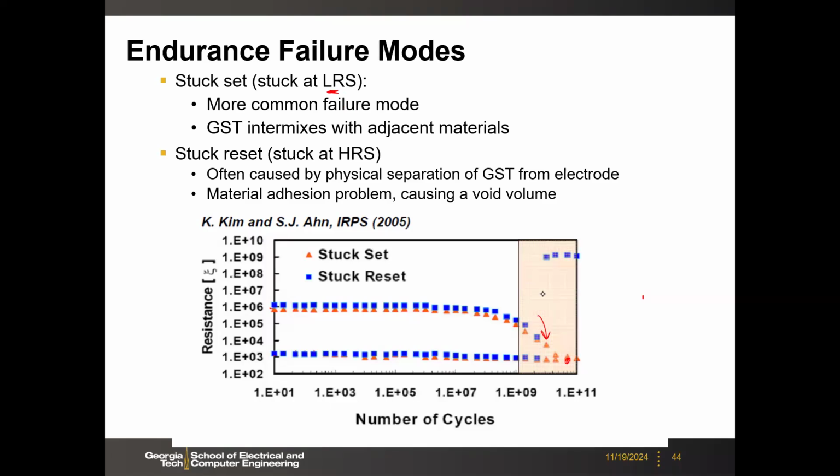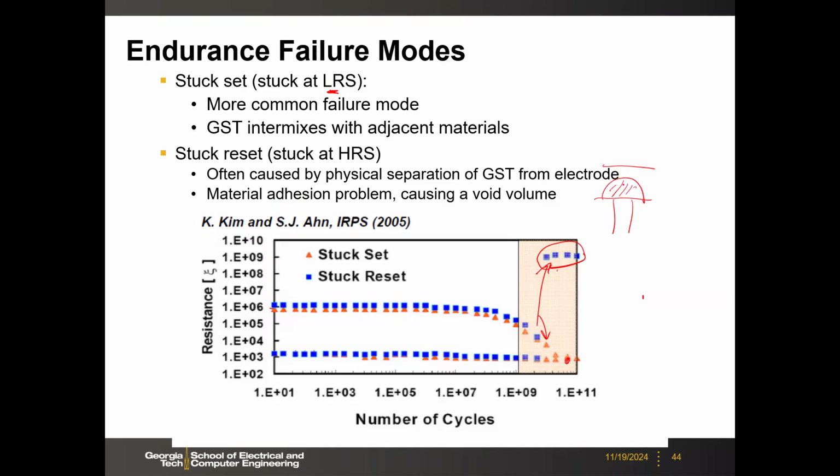And sometimes the device may get stuck here at the high state in some cells. This is because after so many thermal cycles, due to the material adhesion problem, it may create a volume there, right? So here you have this stuff.